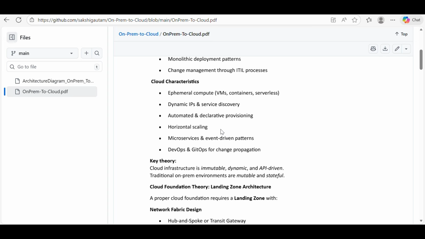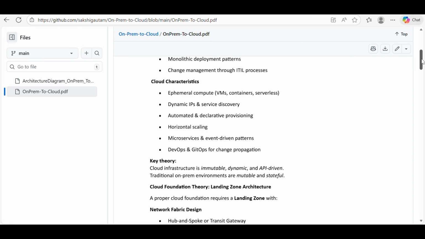Horizontal scaling: when there is a heavy load you use it, and when there is no heavy load you can destroy it. Microservices and event driven patterns. DevOps and GitOps for change propagation. So this is why the shift is happening from on-prem to cloud.